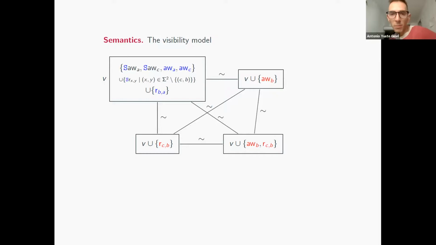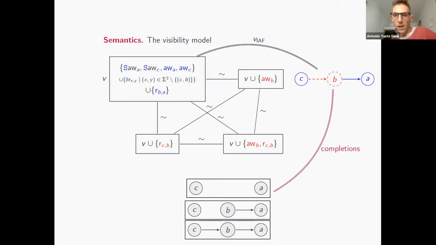So the main result of the paper was to show that once we associate to each incomplete argumentation framework a natural propositional valuation over this set of visibility atoms, we have a natural correspondence between the set of completions of the original incomplete argumentation framework and the AFs represented by each valuation of the equivalence class of the visibility models.